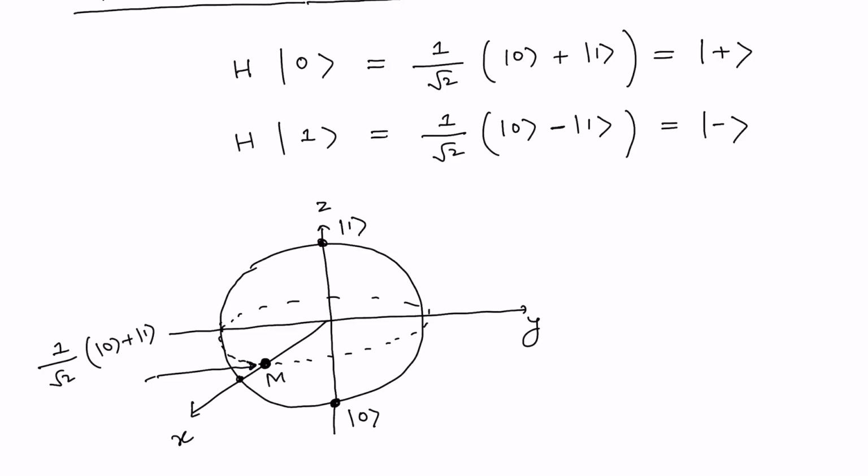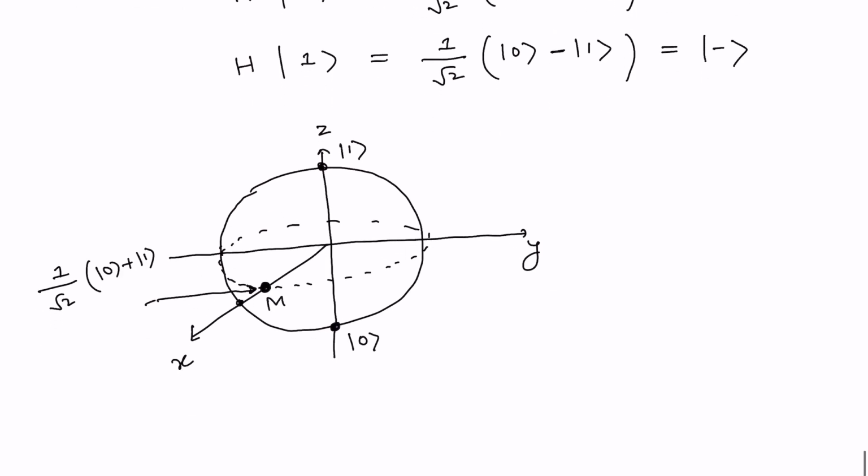So the Hadamard gate, operating on gate 0, takes the quantum state from the point S to the point M.